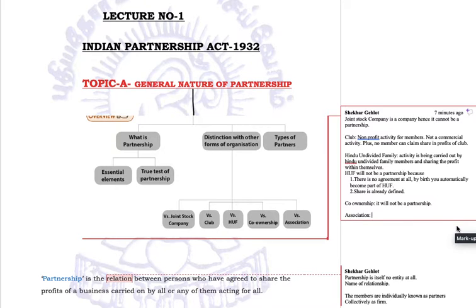Only those associations which are carrying out business activity with the intention to share the profit among all of them, and where there is an agreement for that, will become a partnership. Every association is not a partnership.